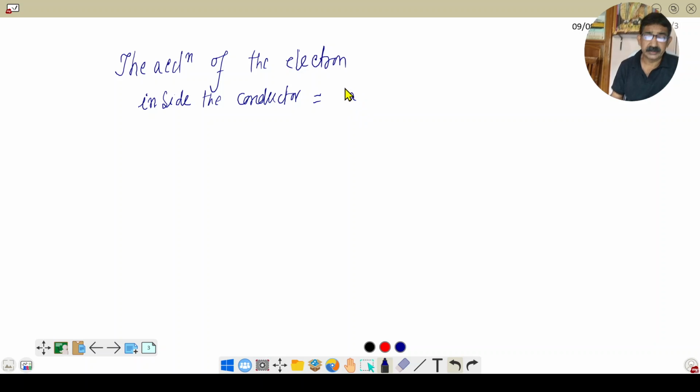It's also a vector quantity. a is equal to minus e divided by m, where e is equal to electronic charge and m is equal to electronic mass.